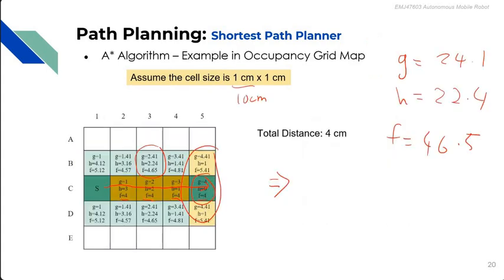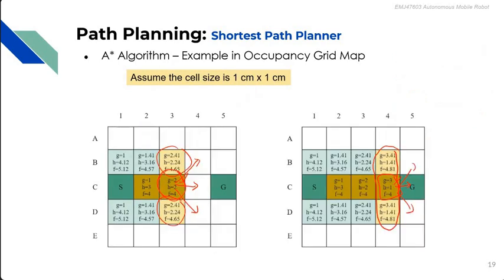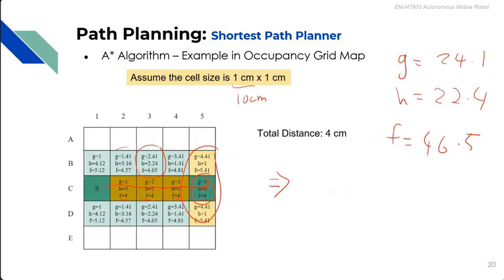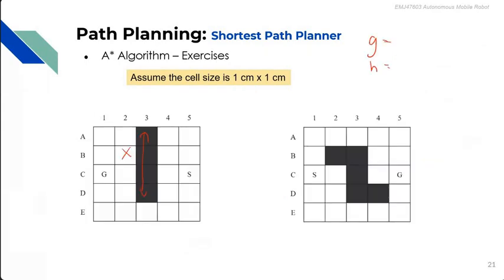Is it the same as this one? The same or not? The same. Why? Because G of course is the same, right? It's square root of 2. Is H the same or not?